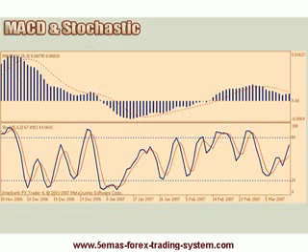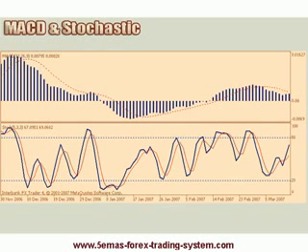The MACD indicator at the top of the screen consists of two elements: a slow-moving average represented by the dotted line and a fast-moving average represented by the histogram bars. The stochastic indicator at the bottom of the screen also consists of two elements: a slow line shown here in blue and a signal line shown in red.